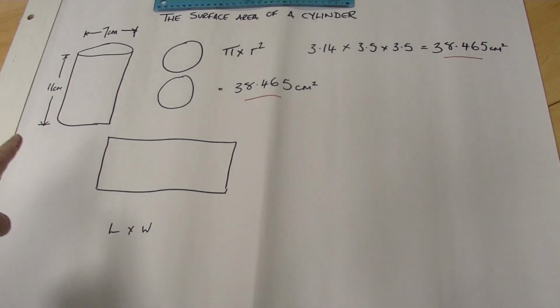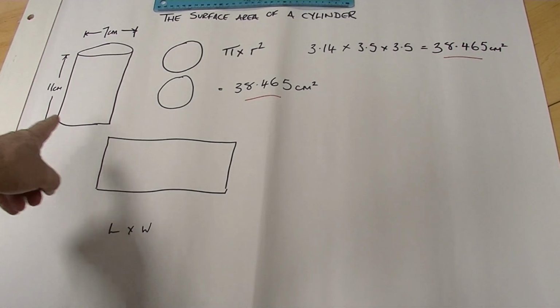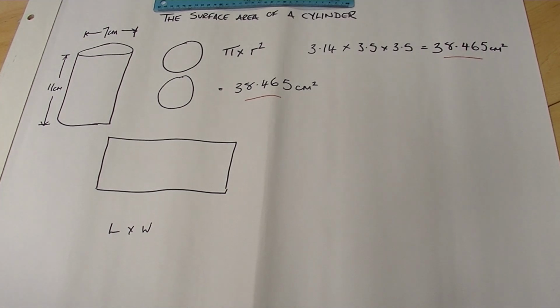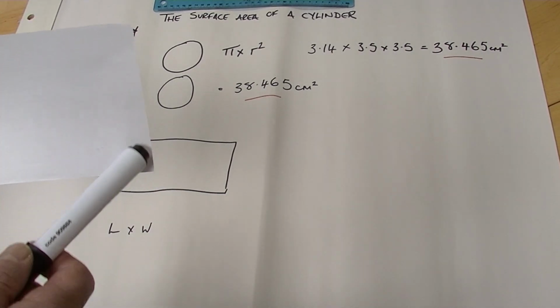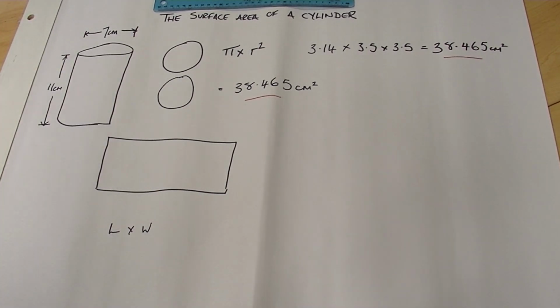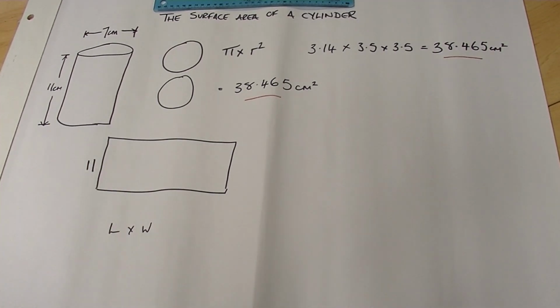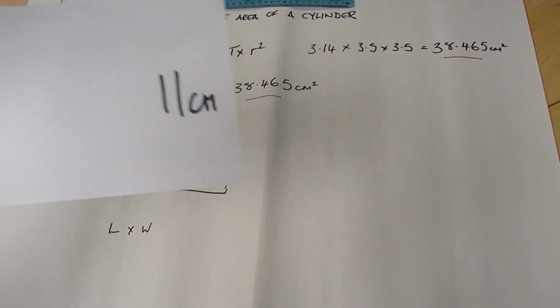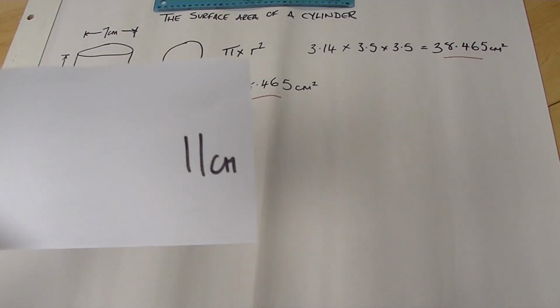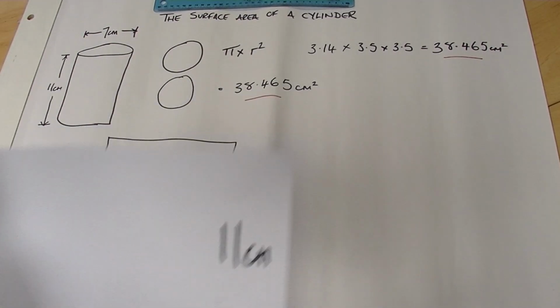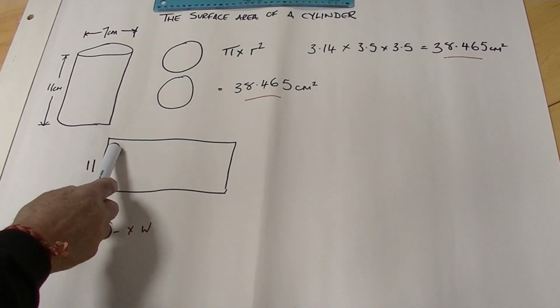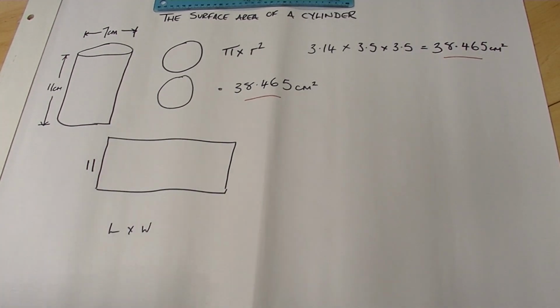So looking at our picture here, we've got the width, which is 11. What we haven't got is this number here, which is obviously our length.